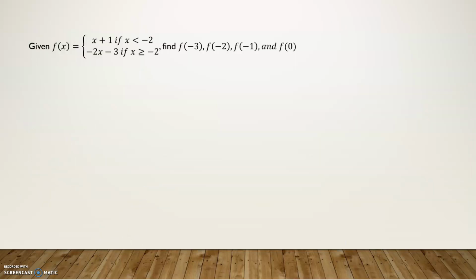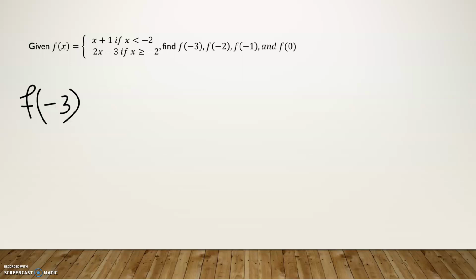Okay, now let's look at this one right here. Given this piecewise function, let's find f of negative 3. This function says use x plus 1 if x is less than negative 2. If x is greater than or equal to negative 2, then we use negative 2x minus 3.